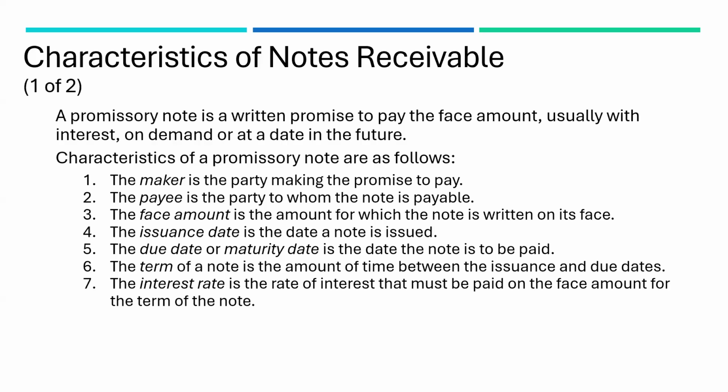The due date is the maturity date, which is the date that the note has to be paid. The term is the amount of time between the issuance and the due date. And then the interest rate is the interest that must be paid on the face amount for the term of the note, usually expressed as an annual interest rate.